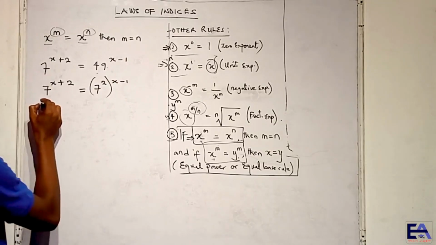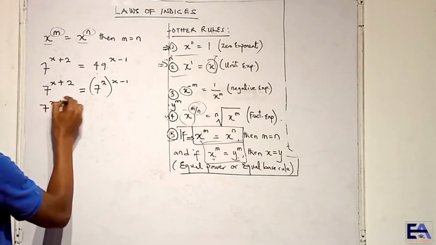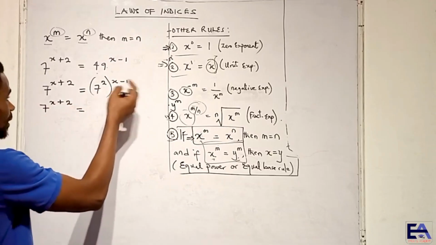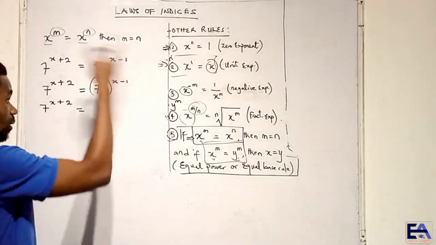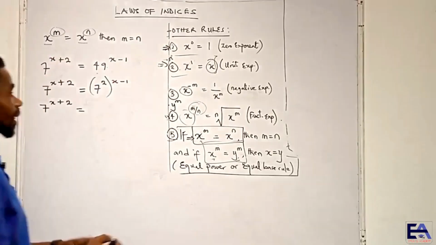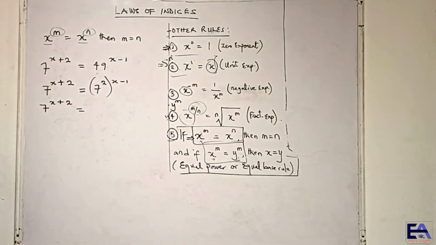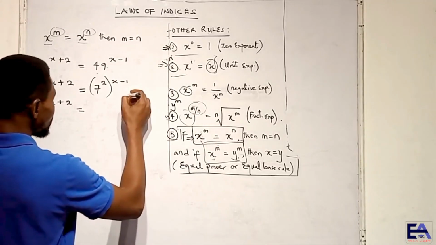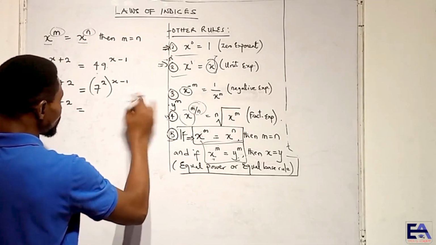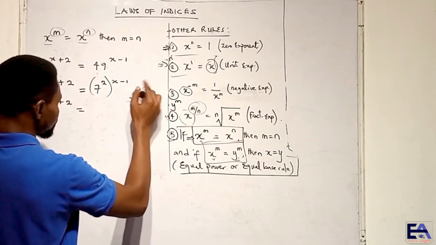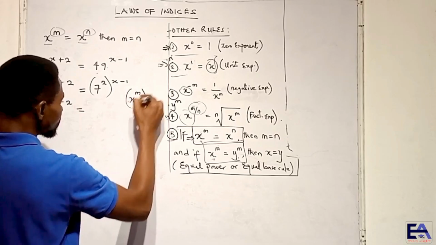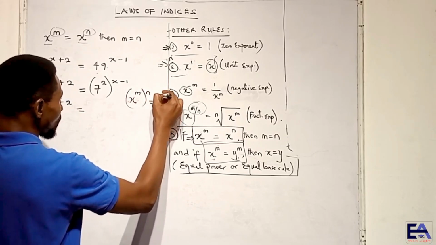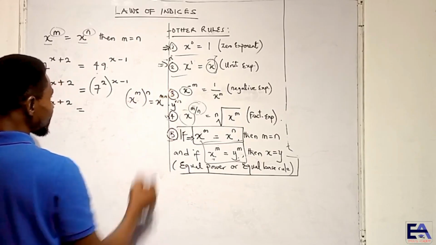Now, you repeat this one: 7 raised power x plus 2 is equal to, now you remember that law in the previous video, the power of a power rule, that says if you have x raised to power m, with another power n outside, it is the same thing as x raised to power m times n.